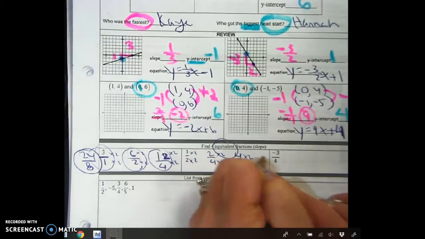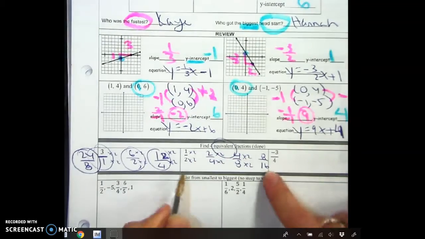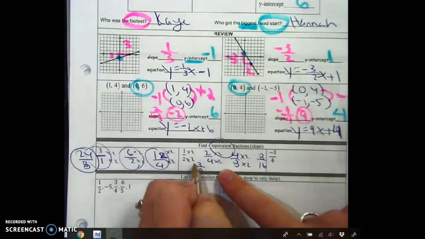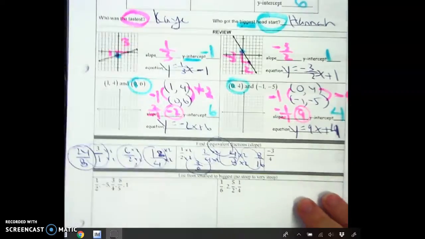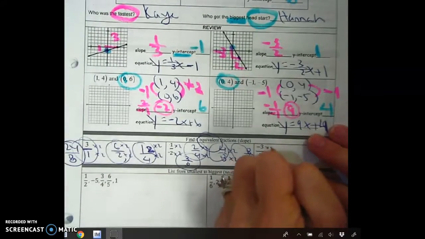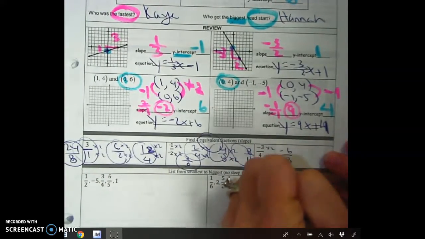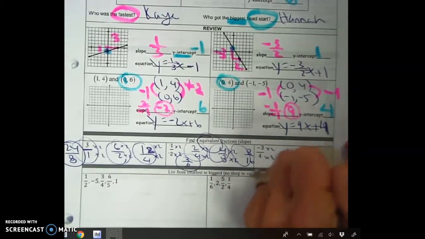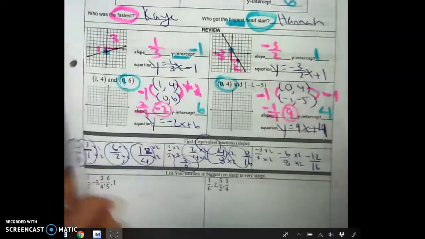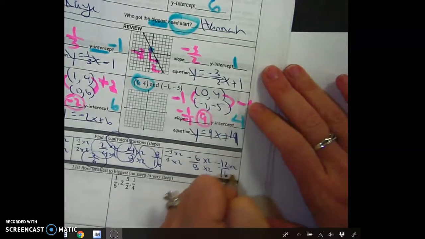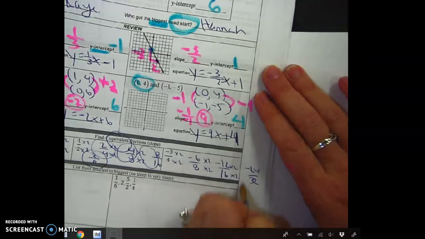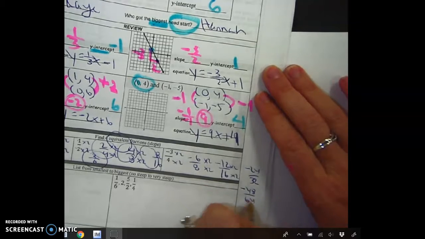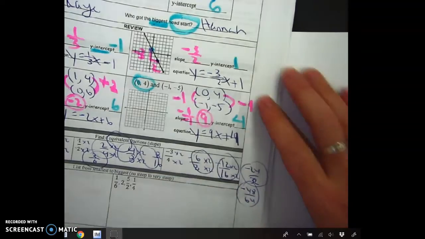Times 2 times 2, 8 sixteenths. And 3, 6 also works. Times 3 times 3. All right. Times 2 times 2. 1, 2, 3, 4.